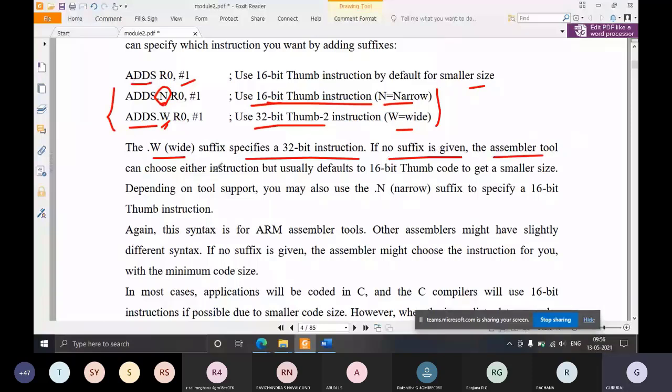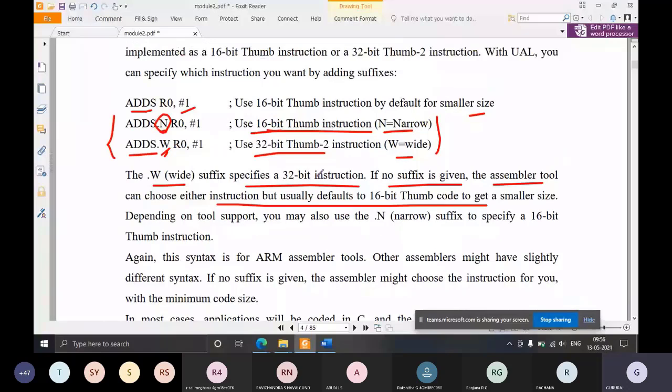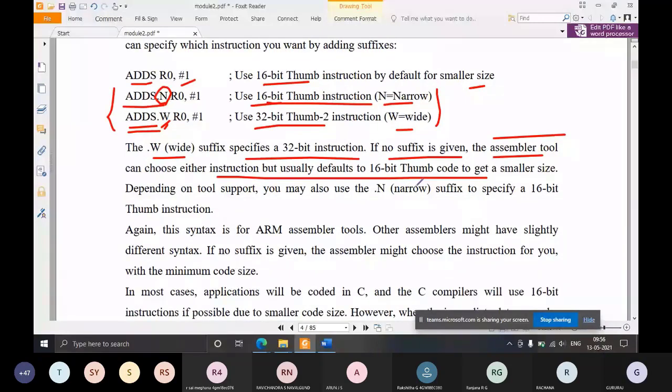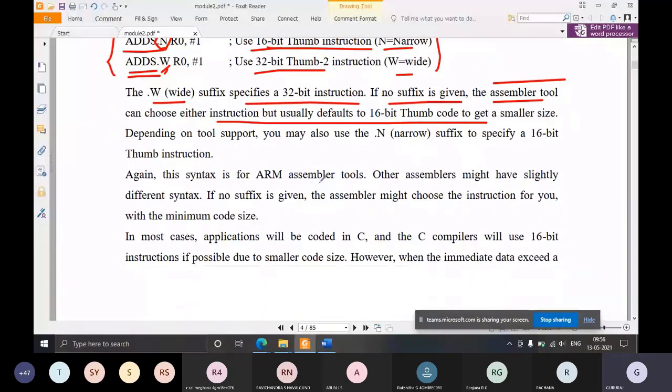The assembler tool chooses either instruction, but usually defaults to the 16-bit instruction, because it wants to save space. But it is very good practice to explicitly specify whether you want the 16-bit version or the 32-bit version.